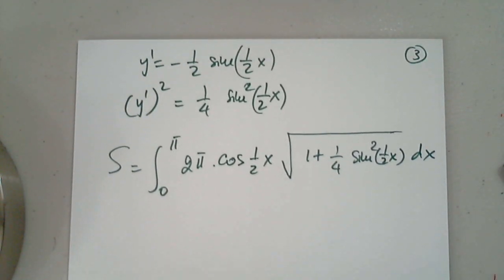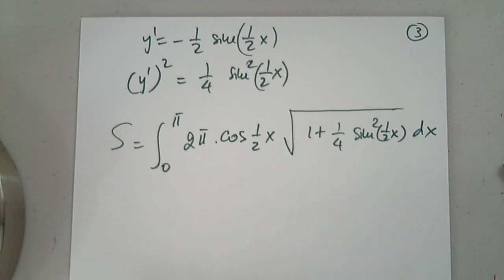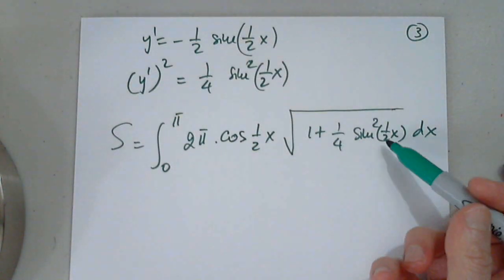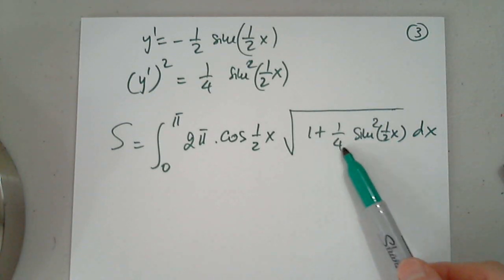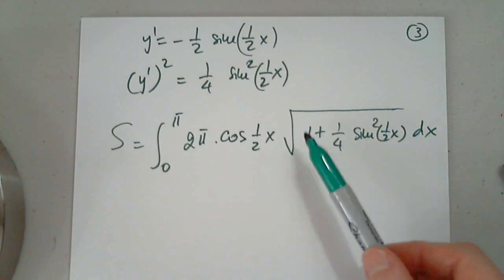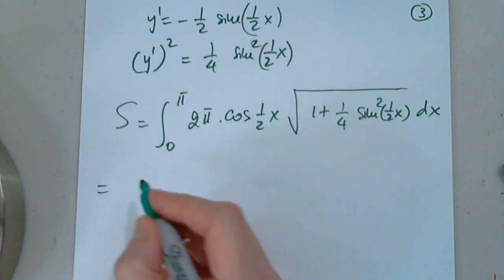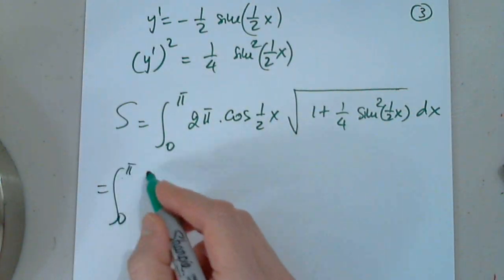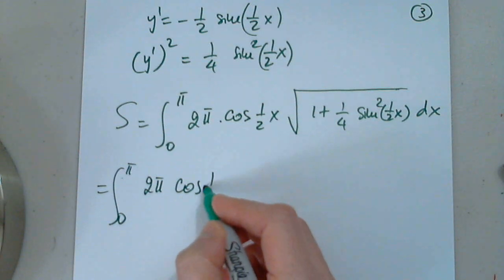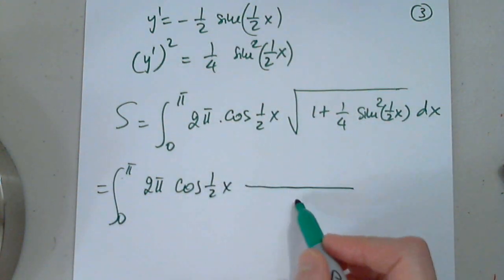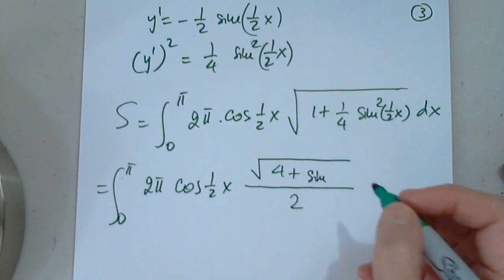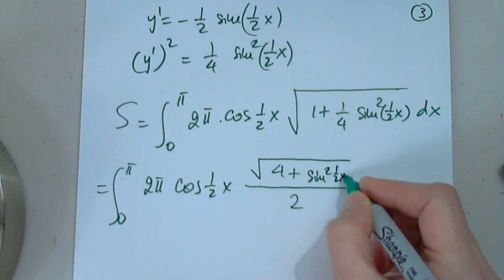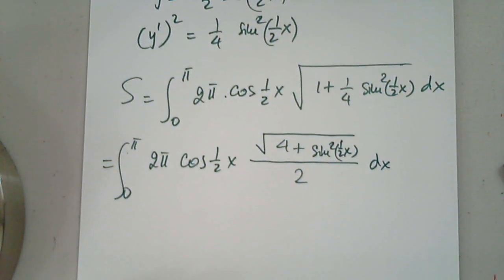So let's see how we address this one. I'm going to find the least common denominator here, which is 4, and then take out the square root of 4. So 0 to pi, cosine 1/2 x times the square root of 4 plus sine squared 1/2 x dx.